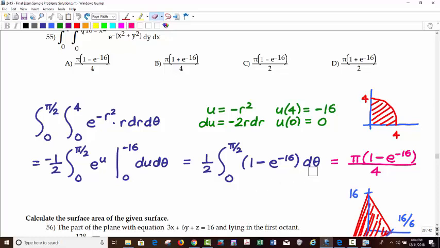So the antiderivative of d theta is theta. That's just going to drop a pi over 2 in there. So 1/2 times pi over 2 makes pi over 4. So we have pi over 4 times 1 minus e to the minus 16. And there it is, answer A.